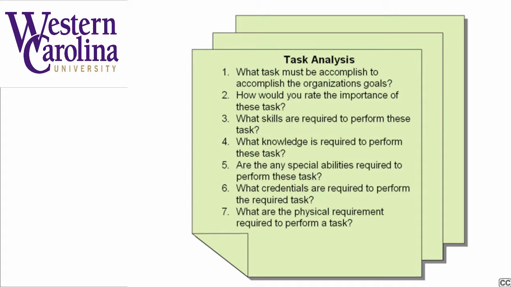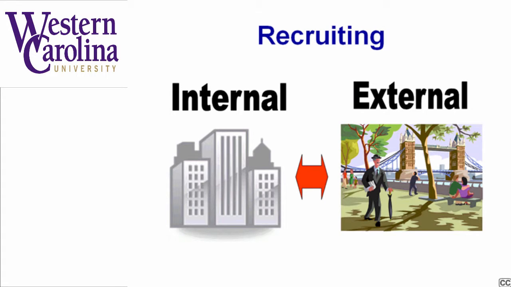Once you have a clear understanding of the requirements for a position, you're ready to start recruiting. There are two categories of recruiting: internal recruiting and external recruiting. Internal recruiting consists of all the recruiting efforts that take place within an organization.